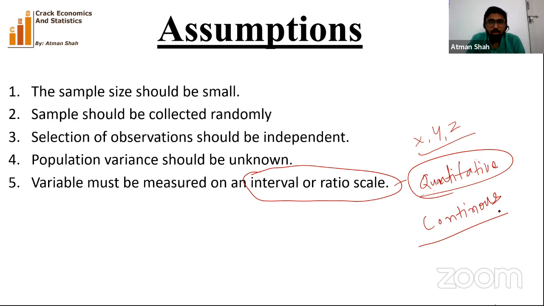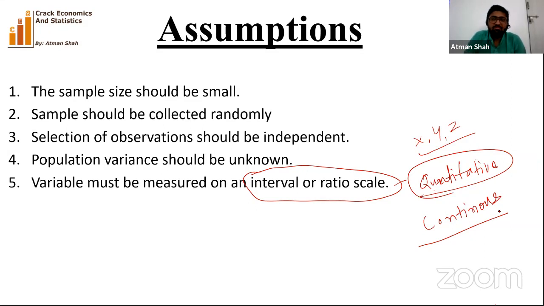If we have a nominal or ordinal variable, we cannot use the t-test. Now, if you want to learn the difference between nominal and ordinal variables, you can check the video on our YouTube channel. So here we must have quantitative data.